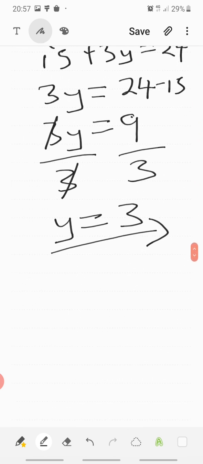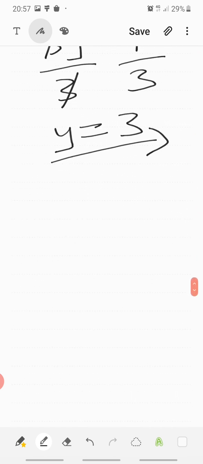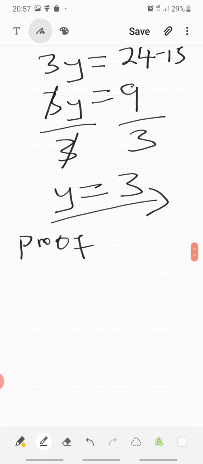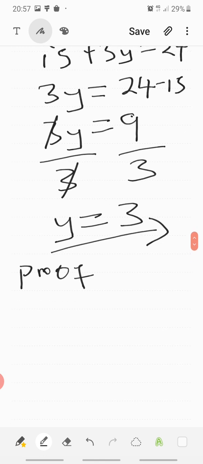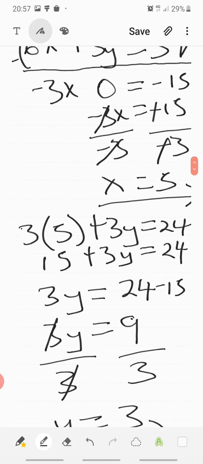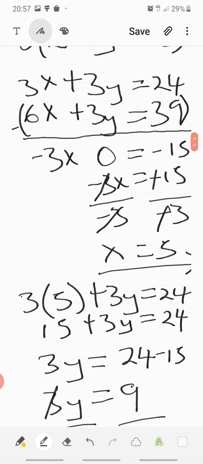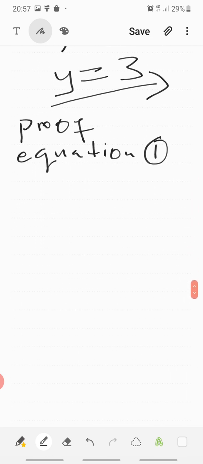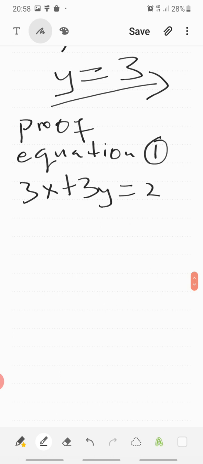And now we want to prove if our answers are right. So basically, in equation 1 we have 3x plus 3y is equal to 24.